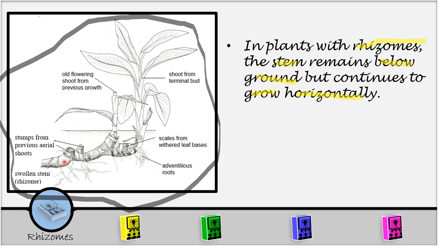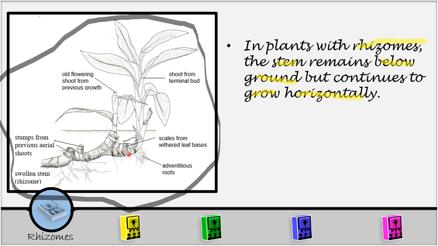What we have here is our rhizome. This is a canna rhizome. Let's look at the different parts. It is a swollen stem rhizome. Here we have the stump from previous aerial shoots. Aerial shoots were here. Here we have the adventitious roots.